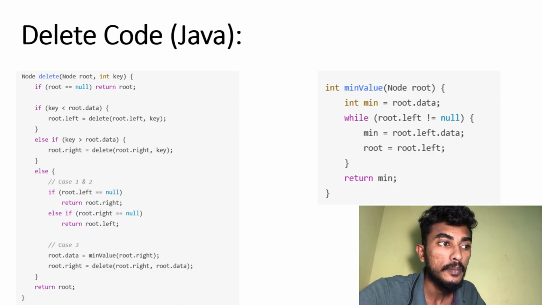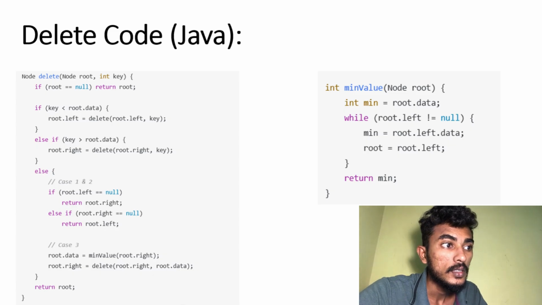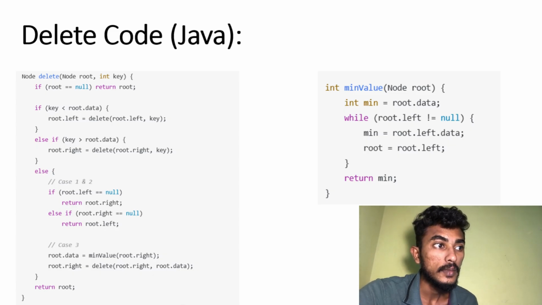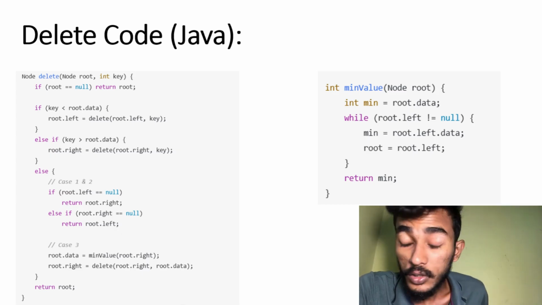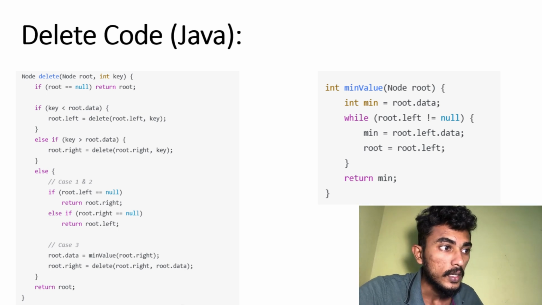Talking about the delete part of BST. In here you can see the condition: if the root is null, the base case, the value is not found, so you return the null value. The next step is searching for the node to delete.